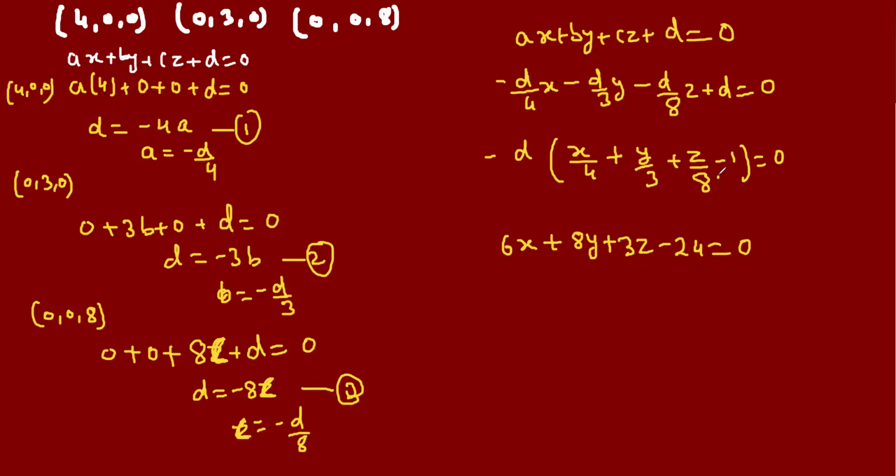Why do we multiply by 24? Because the LCM of these is 24. So this is your general equation for the normal.